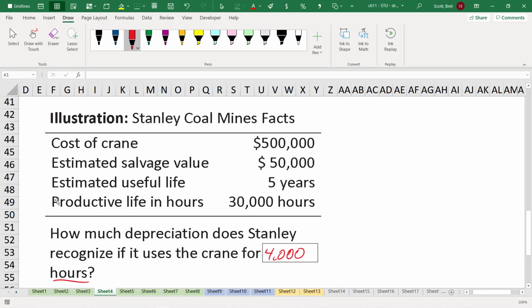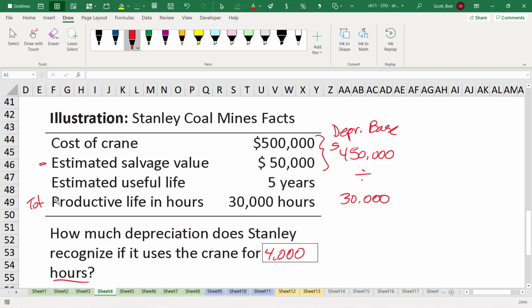What we're going to do is take the 500,000 and subtract off the estimated salvage value. So in this case, we're going to calculate a depreciable base of $450,000. And what we're going to do is divide that by the total productive life, 30,000 hours.